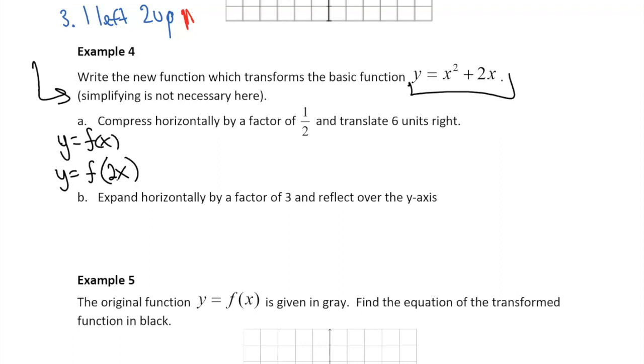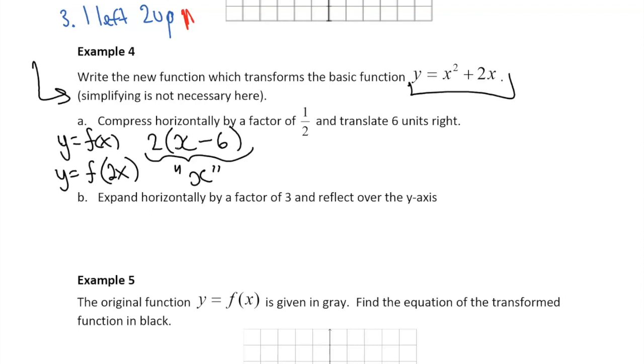And then after that, we're going to translate that 6 units to the right. So in other words, our x is now going to be times by 2, and then on top of that, we're going to translate it 6 units to the right. So whatever our original x value is, it's now going to be replaced with a bracketed 2x minus 6.